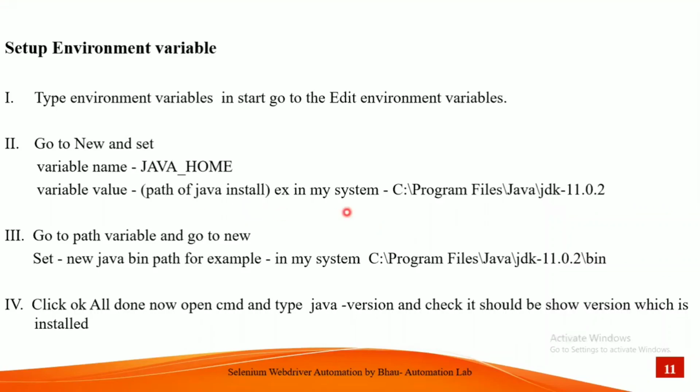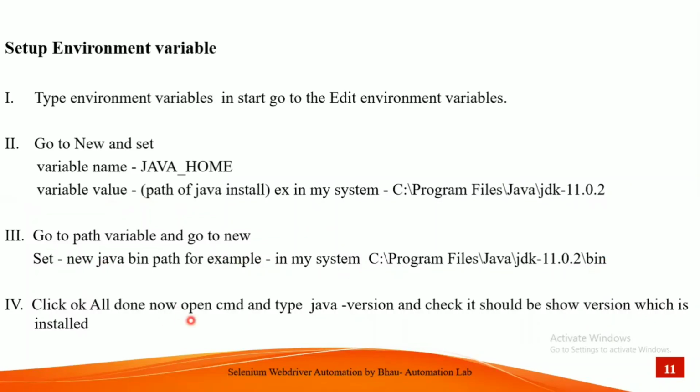You can use any one. There are a few small changes, which we will see in the next lectures. But whichever you use, set up the environmental path like this: Java home with the path value where Java is installed, and in the path variable, the Java bin path.